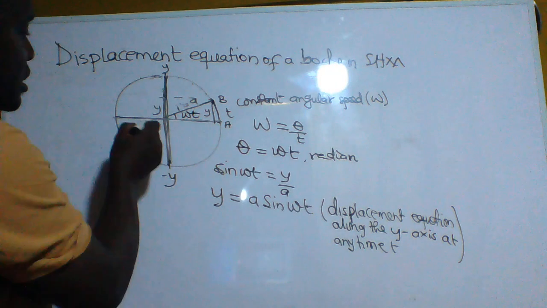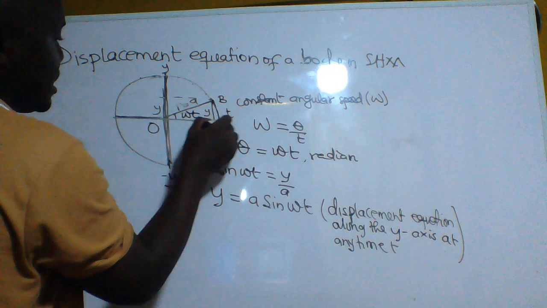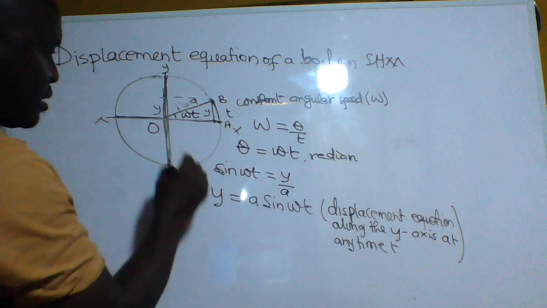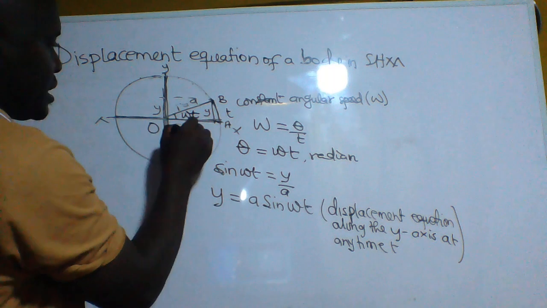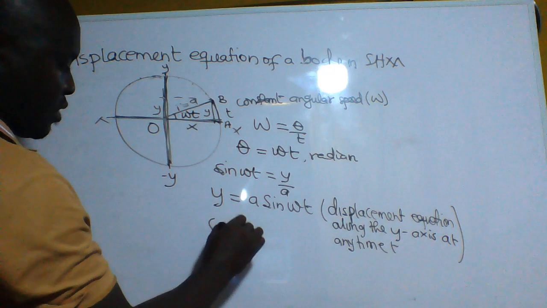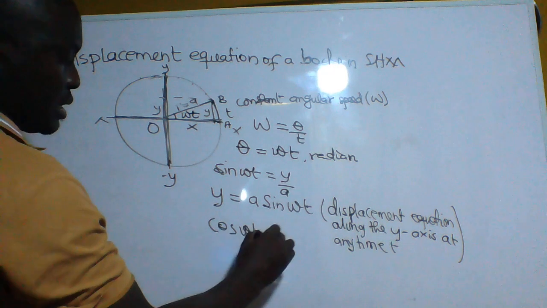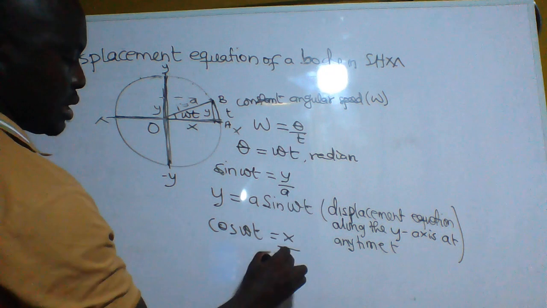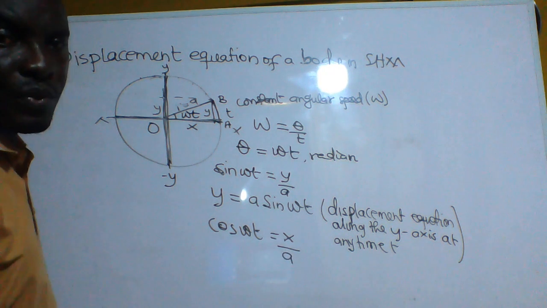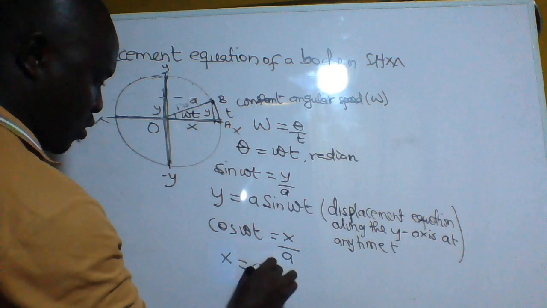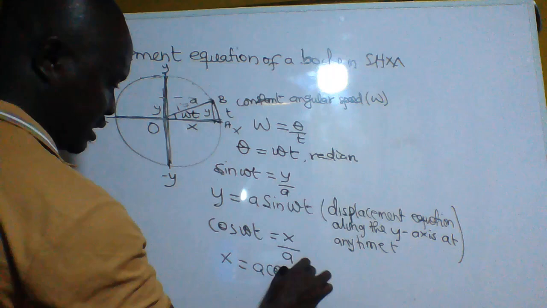If we want oscillation along the x-axis, then cos of the angular displacement is equal to x on a. Therefore, x is equal to a cos omega t.